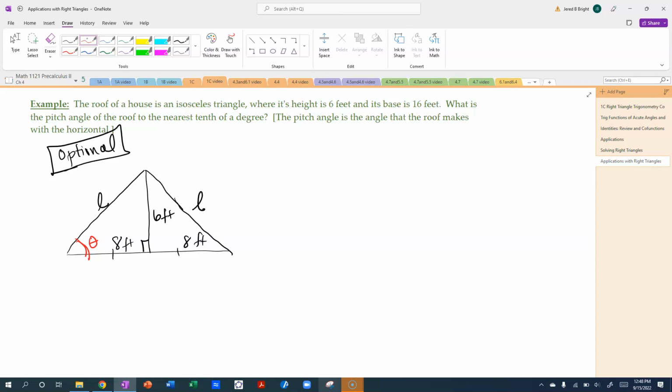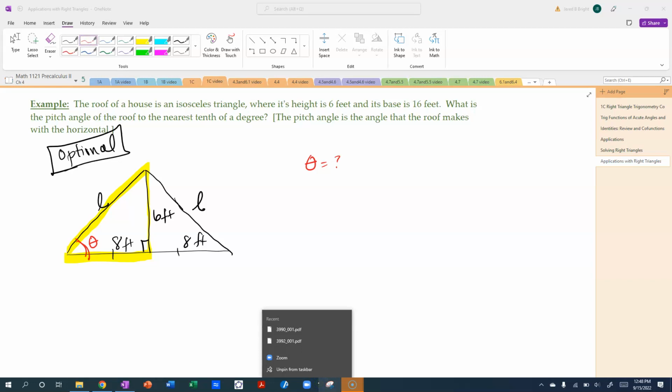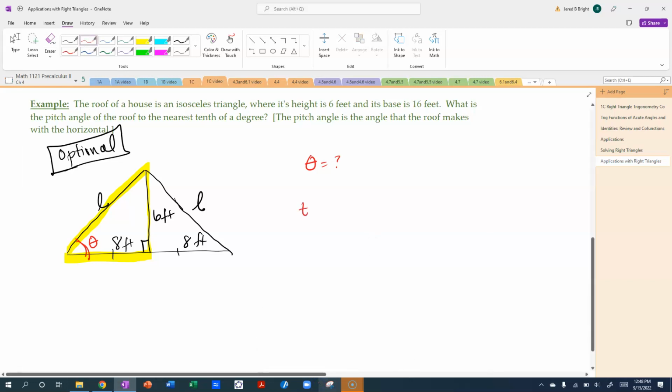Okay, so how do I find theta? Well, I can see that if I look at half of the overall isosceles triangle, that is a right triangle. And in that situation, I can say tangent of theta is equal to 6 over 8.